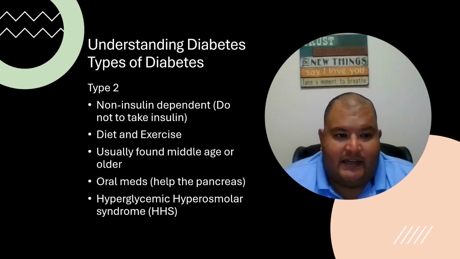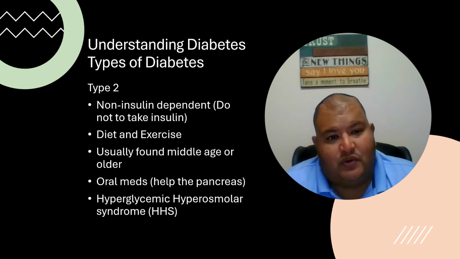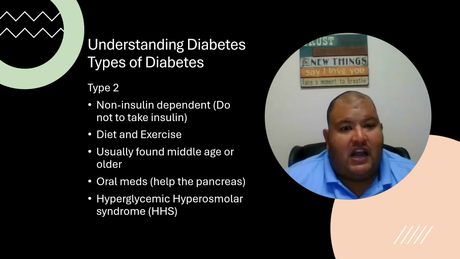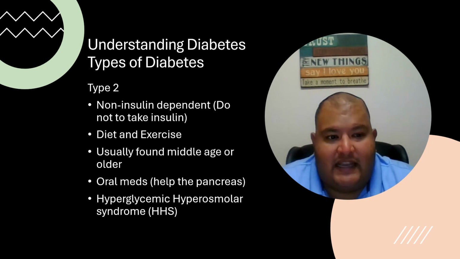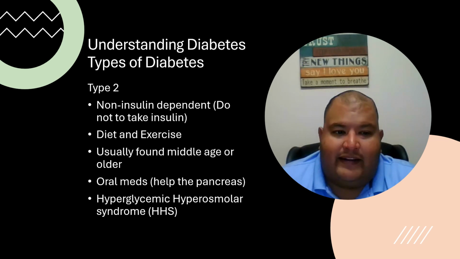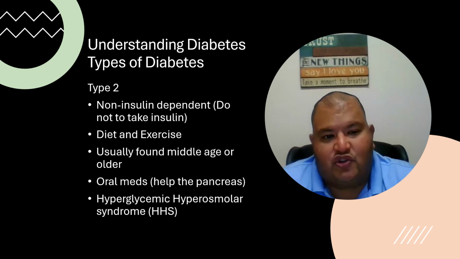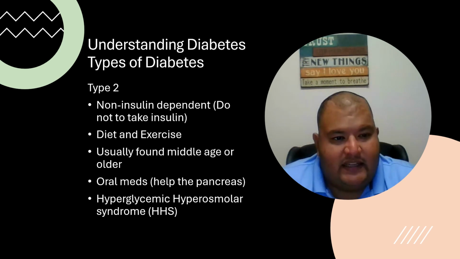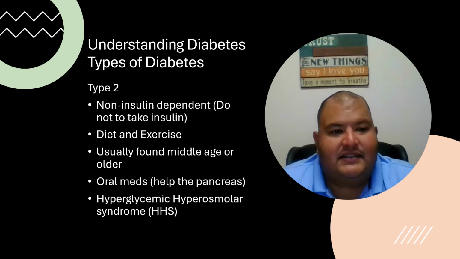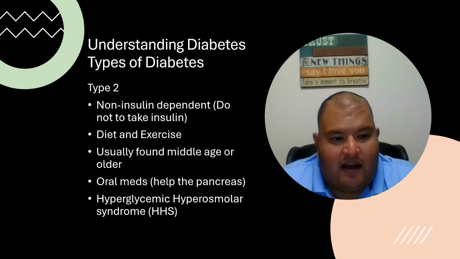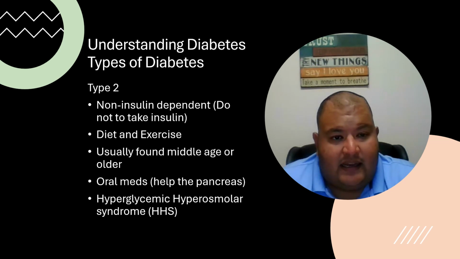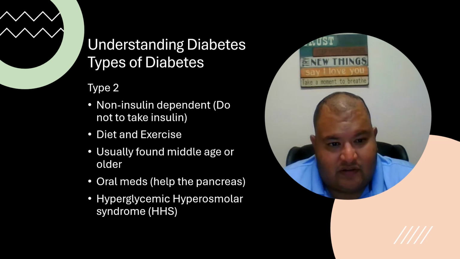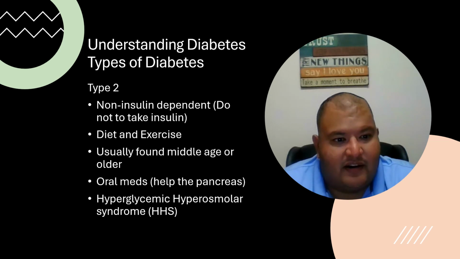So the next type of diabetic is a type 2 diabetic, which was known as a non-insulin dependent diabetic. These patients do not need to take insulin. They are capable of attempting to control their diabetes with diet and exercise and a form of an oral med that helps insulin move into the cells by aiding the pancreas so that it doesn't have to work so hard.